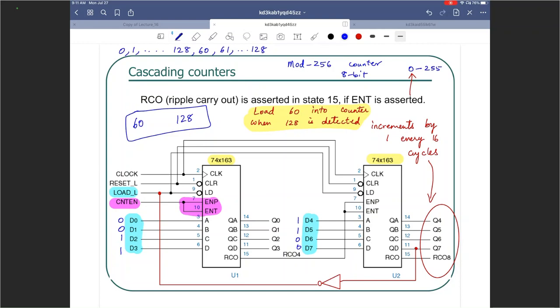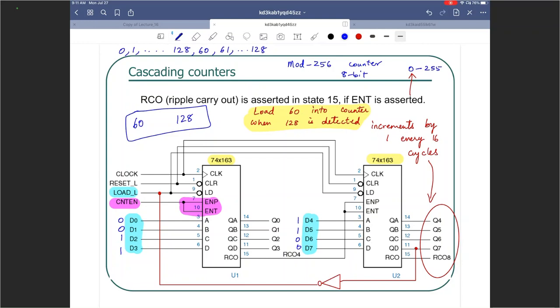So if you clear, everything will go to 0, right? We are not detecting 0. So if everything goes to 0 and we start counting, it will go all the way to 128. We are detecting 128, and then that is the time we load 60 into the counter.